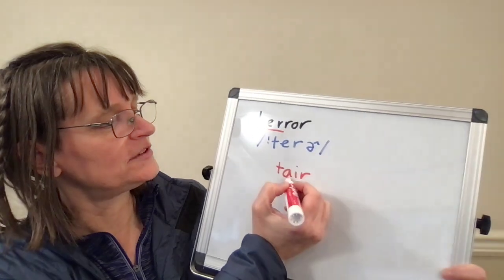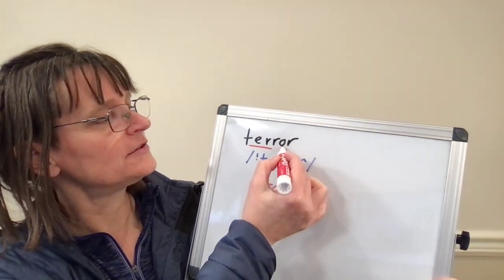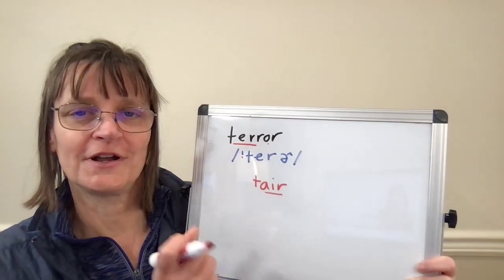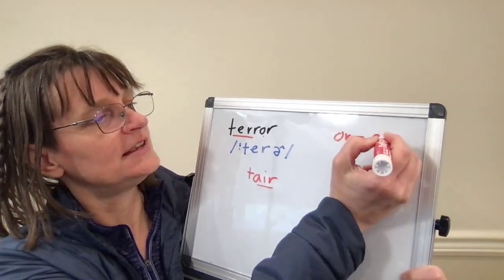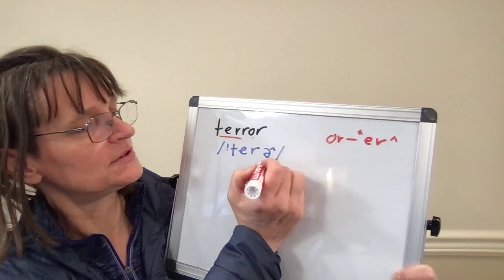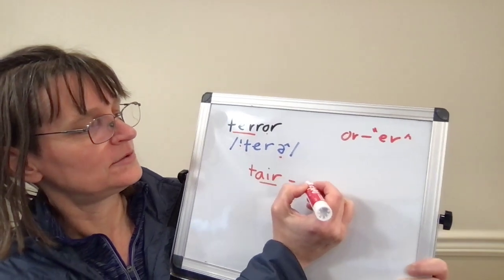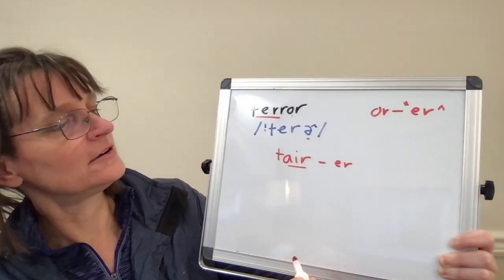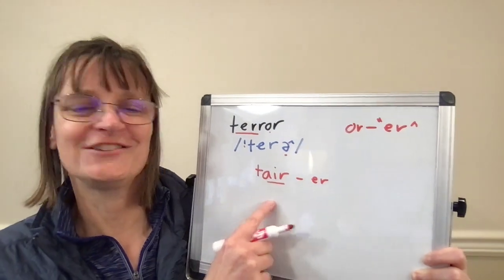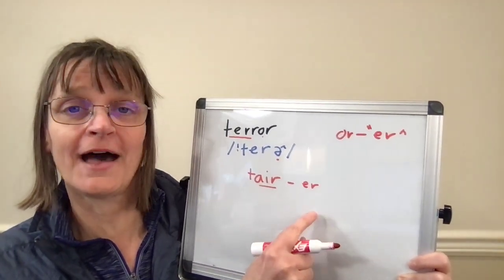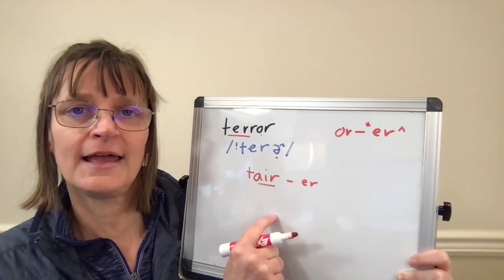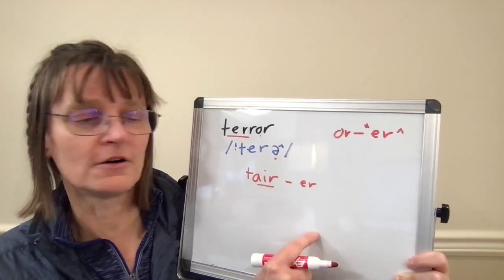But starting with tear, and then our letters OR are shorter and unstressed. And in this word, OR actually says the ER sound. So here's the symbol for that in the dictionary. So terror. You might find it easier initially to break it up, ter-ror, or build from the back, error, terror.